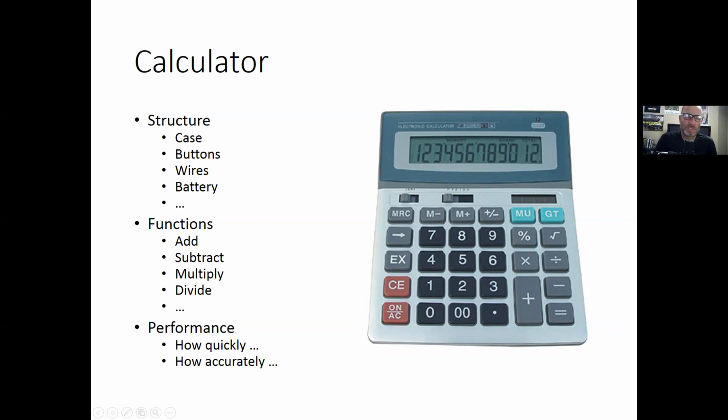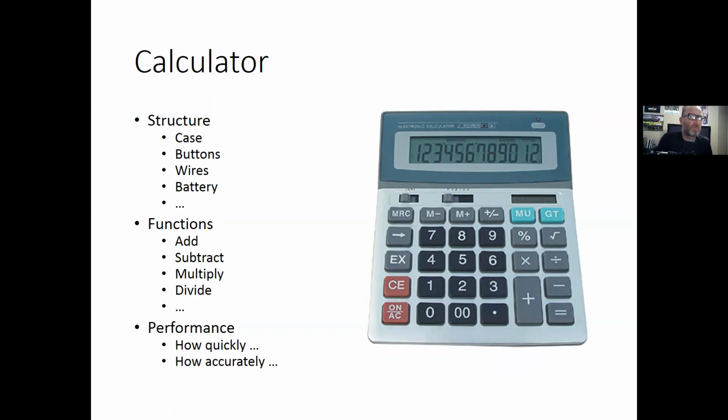What are the functions of the calculator? Well, to use it the way that it's designed to be used, we have addition, subtraction, multiplication, division. Then there's other functions like a percent sign, square root, and some calculators have a lot of different functions. Those are functions of the calculator to do those things.